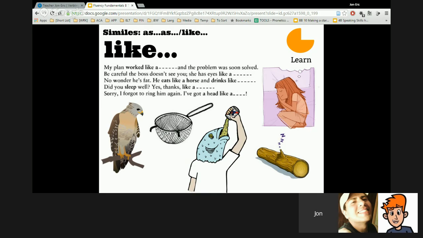Dreaming and sleeping. Dreaming, yeah, because you've got little thought bubbles going out, so she's probably dreaming. Okay, so based on that, what do you think about the plan? The plan worked easily. My plan worked like a what? And the problem was solved.